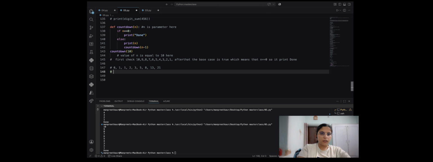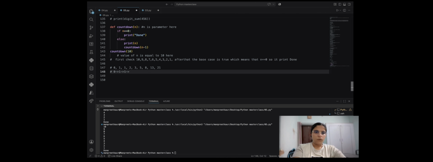First we are taking 0. After that, 0 added with 1 gives 1.